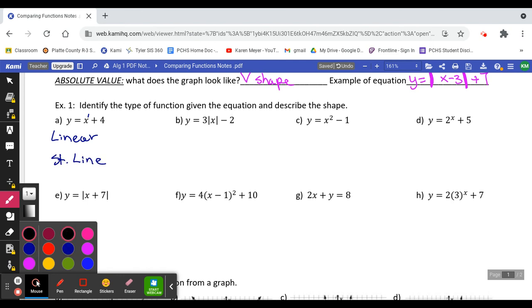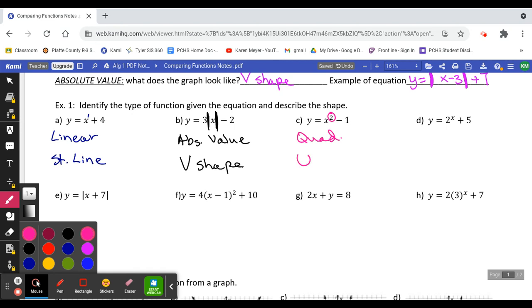B. Well, when I look at B, I see absolute value bars. Here's my absolute value bars. So absolute value, which I'm going to abbreviate, is a V-shaped graph. C. On C, I see a power of 2, and a power of 2 makes it a quadratic, which I'm going to abbreviate.